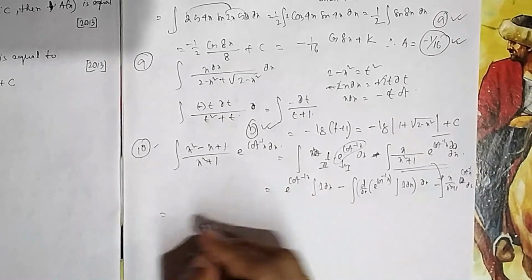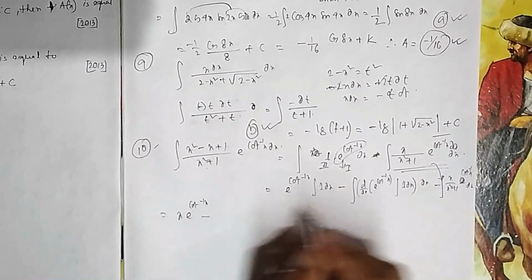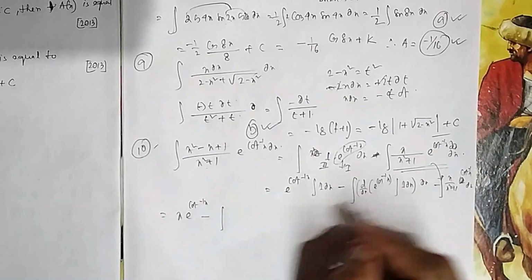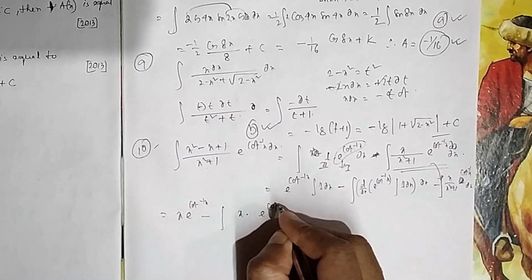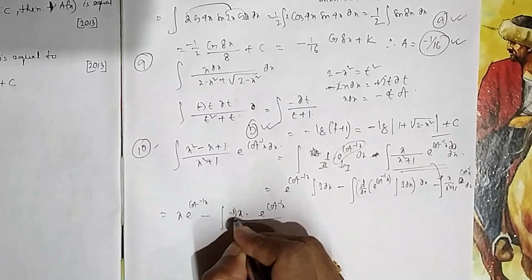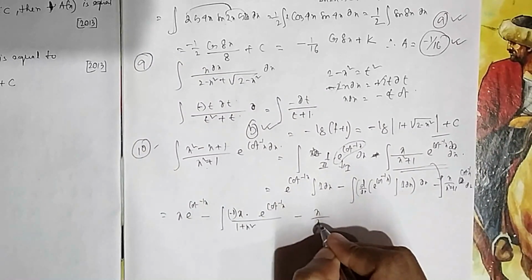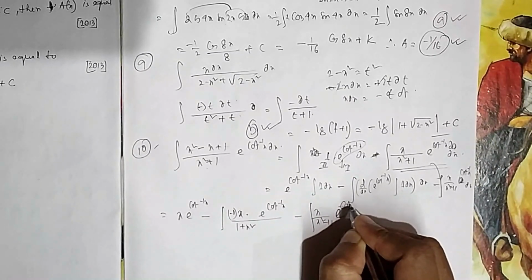So if you do this, it will be x into e to the power cot inverse x, and minus differentiation of this one. Integration of this one is x, differentiation of e to the power cot inverse x is e to the power cot inverse x, and cot inverse x is minus 1 by 1 plus x square.